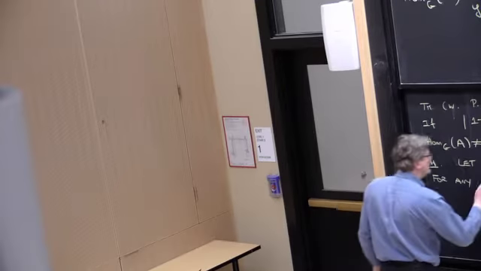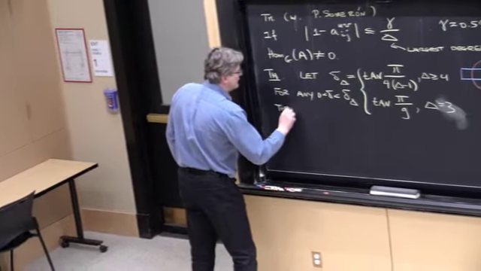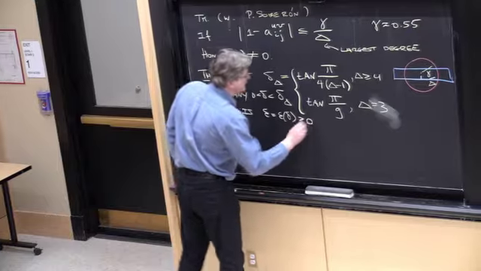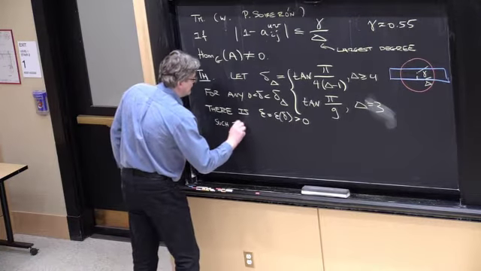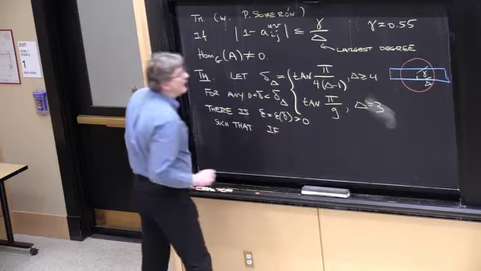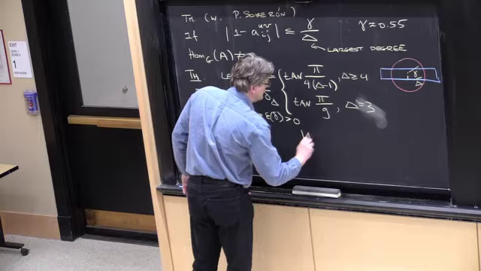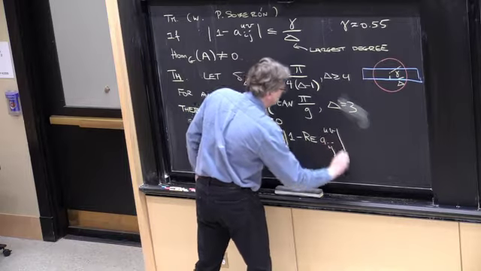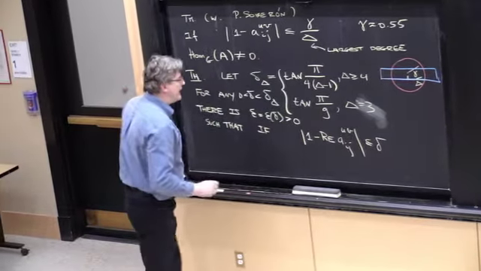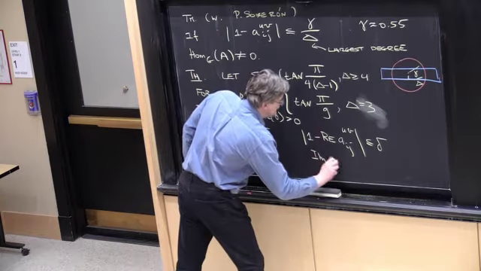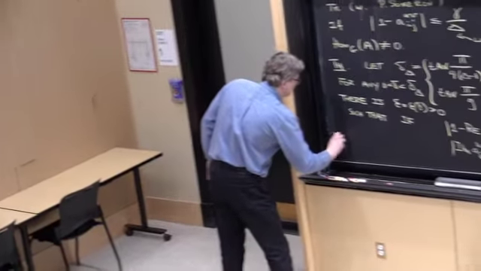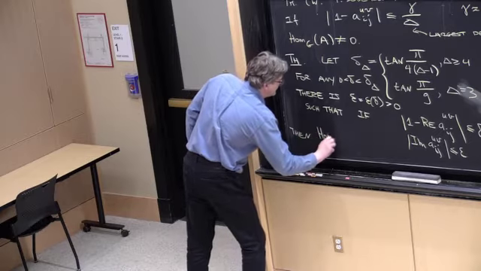So then for any delta less than this one, there is epsilon positive such that if the real parts are close to 1 within this distance delta, and the imaginary parts are pinched, then this thing is not 0.